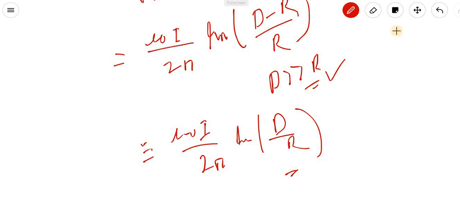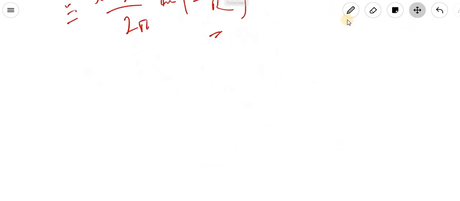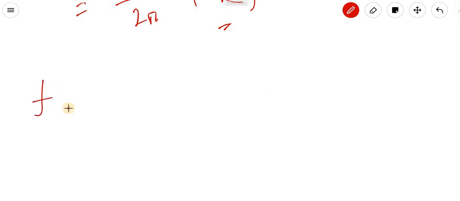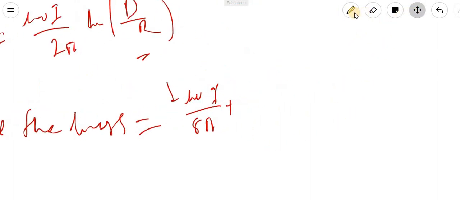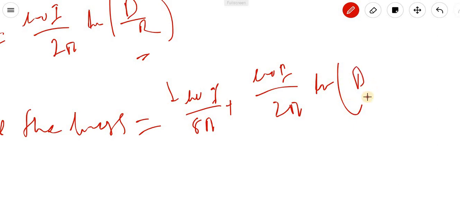Clear? Now the total flux linkage due to the external flux and the internal flux is mu naught I by 8 pi plus mu naught I by 2 pi ln D by r.